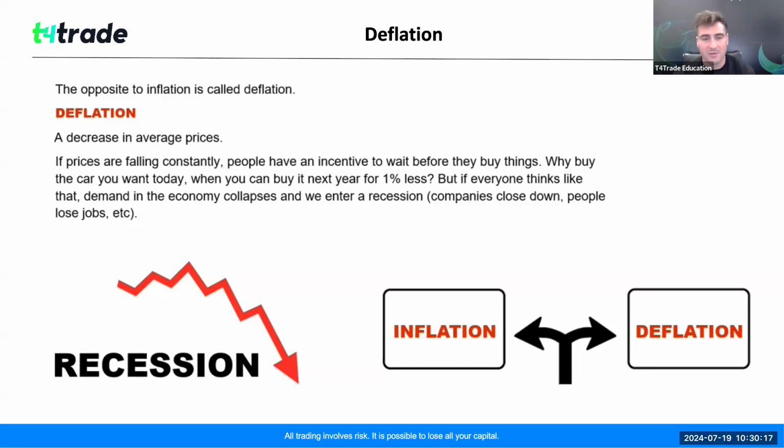So at the end of the day, let's summarize this and move onwards. If prices are falling constantly, people have an incentive to wait before they buy things. So why buy the car you want today when you can buy it next year or in the next 6 months for 1 or 5 or 10% lower? But if everyone thinks like that, demand in the economy collapses and we enter a recession. That is the natural course of things.